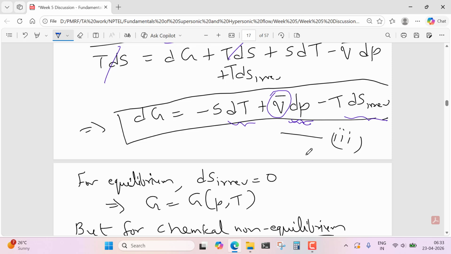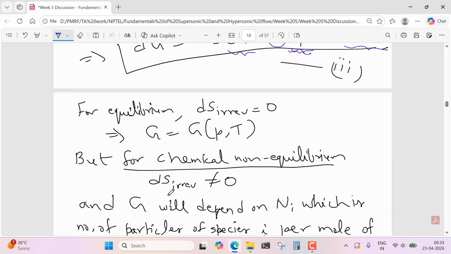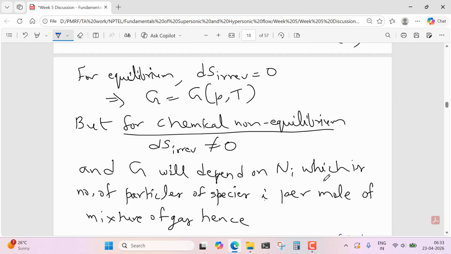This is for equilibrium. But for chemical non-equilibrium, dS irreversible will not be 0. So what will happen? G will also depend on the number of particles of species i.